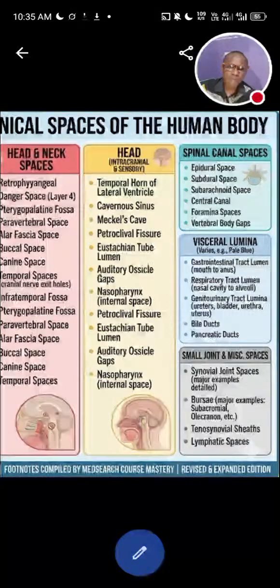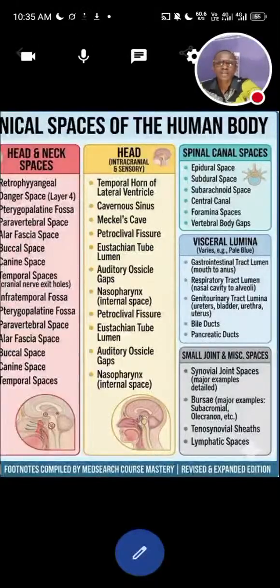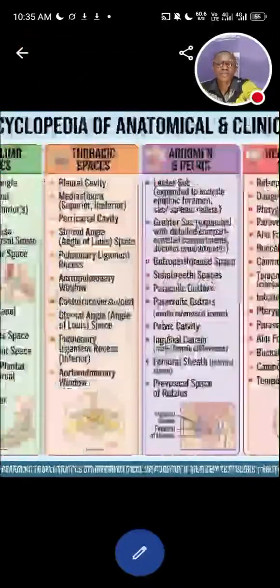The bile duct, pancreatic duct, and small joint and meniscus spaces, synovial joint spaces, bursae, tenosynovial sheath, and lymphatic space. So that's that about space. We're making progress.